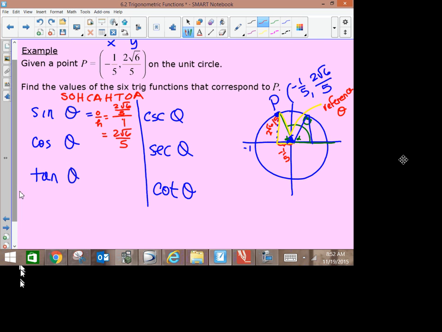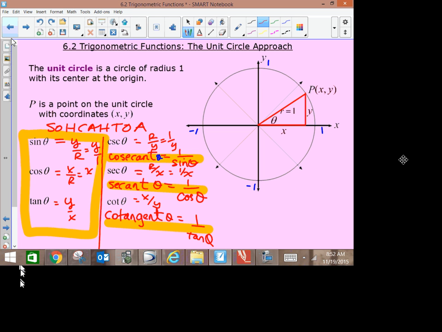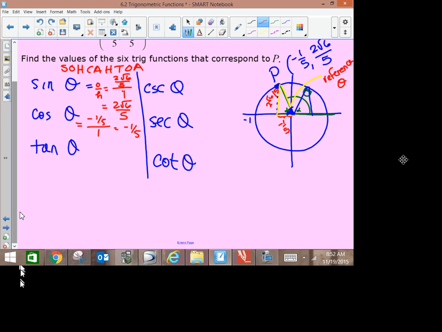Okay. Cosine. Cosine is adjacent over hypotenuse. Adjacent over hypotenuse is negative 1/5 over 1, which is negative 1/5. Remember, on the unit circle, the cosine is the x value. Tangent is a little bit of a mix of the x and the y.